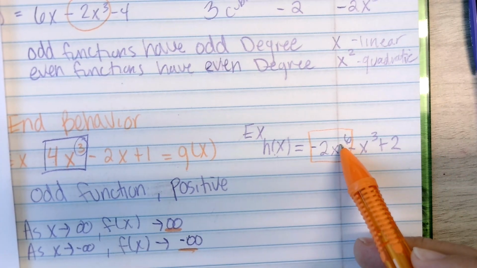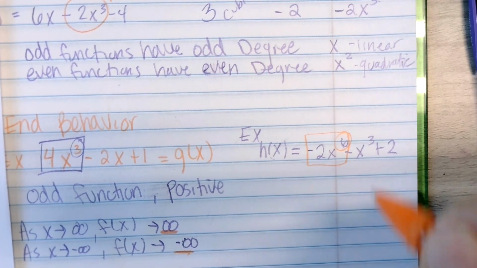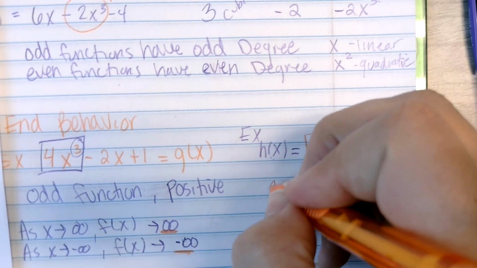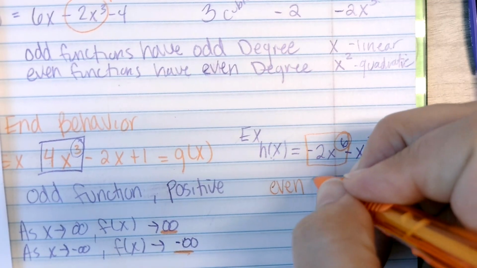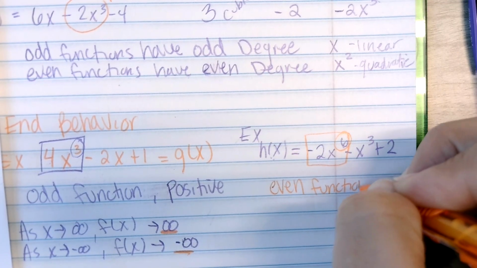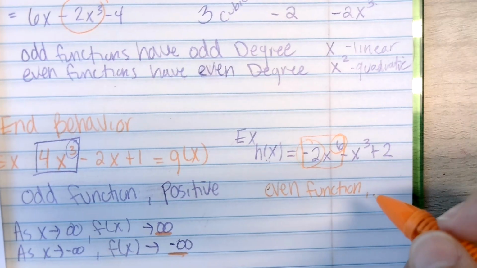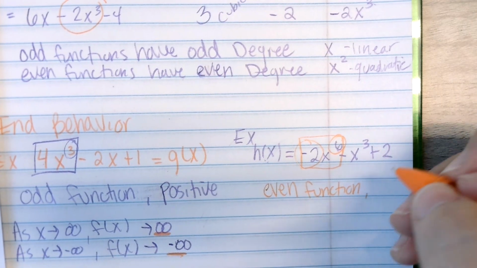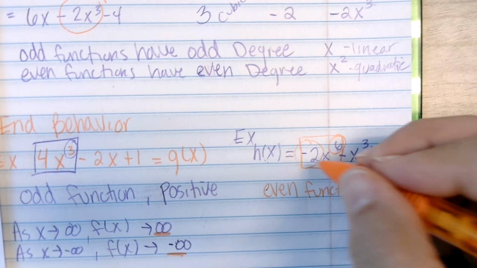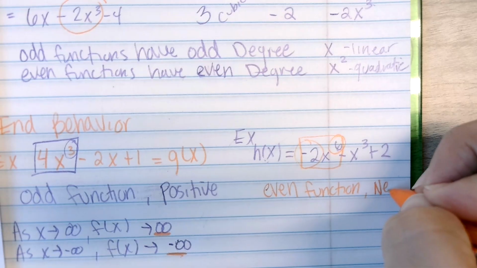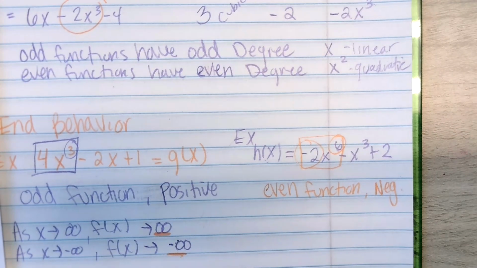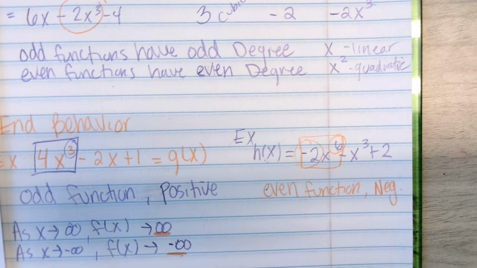So the highest power is a 6. That happens to be an even number, so this is an even function. The coefficient of this term is our leading coefficient, and it is negative, so this graph has been reflected, and now it's a negative even function.